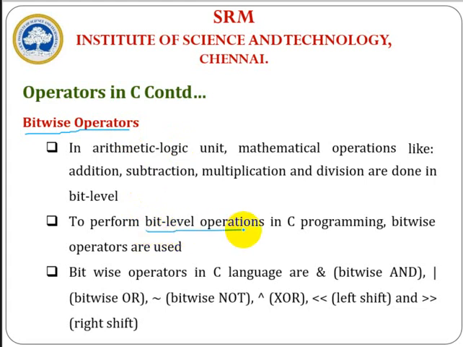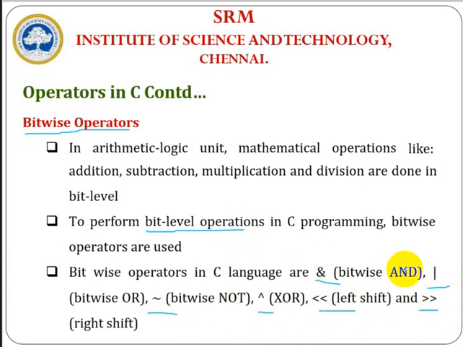Whenever we are going to work on the bits, these bit level operators are utilized. In bitwise operators we have AND, OR, NOT, XOR, left shift operator and right shift.